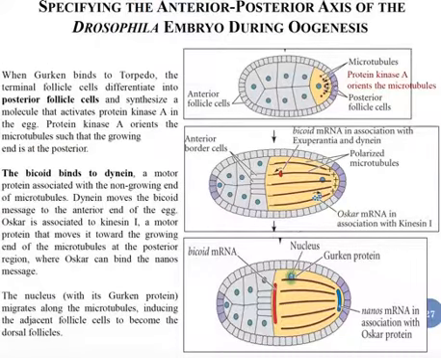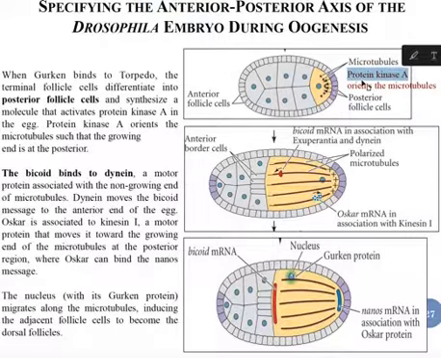So when gurken binds to torpedo, these terminal follicle cells will be differentiated into posterior follicle cells, and then these posterior follicle cells, in purple here, become able to produce one kinase, which is protein kinase A, or PKA.